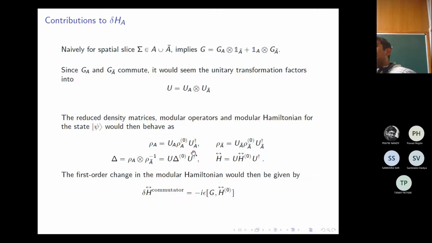So rho A will be U rho A0 U A dagger, where rho A0 is the rho A corresponding to the vacuum state, and similarly for rho A bar. Then when you define the modular operator delta, which is by definition this for a finite dimensional system, it will be U delta 0 U dagger, where delta 0 is the modular operator for the vacuum state, and similarly for the extended H. And then you would think that to first order in epsilon, the change in H is just this commutator term, minus epsilon [G, H0].